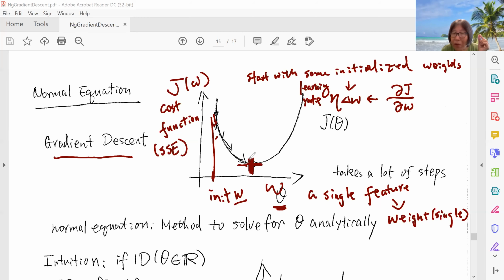When we find a value close to the minimized cost function, that weight is the optimal one. Then you can use this weight to construct your linear regression function. So that's the general idea, or you can approach from the other side as well.